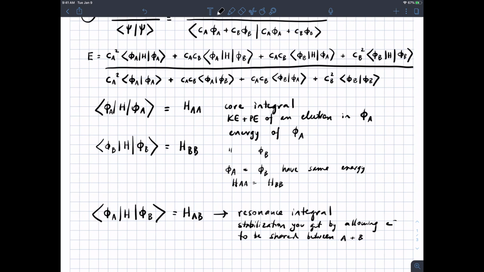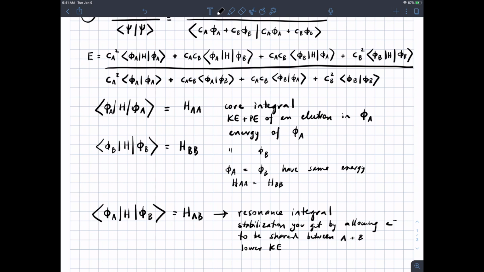And this is due, and we'll learn this again in a little bit, mostly to the lower kinetic energy of an electron that's spread out between the two nuclei instead of being near one nucleus. I actually taught in 351 that one of the reasons that bonding works is that you get lower potential energy because you're in between two nuclei, and there is a favorable Coulombic term for attraction of the electron to the two nuclei.